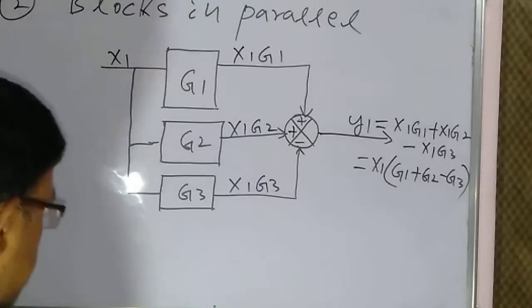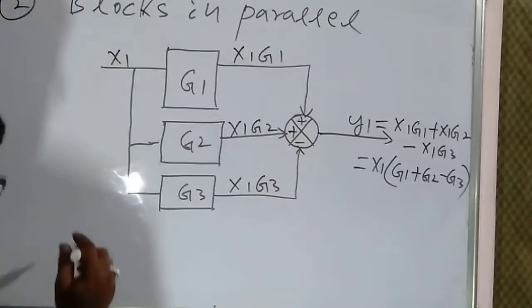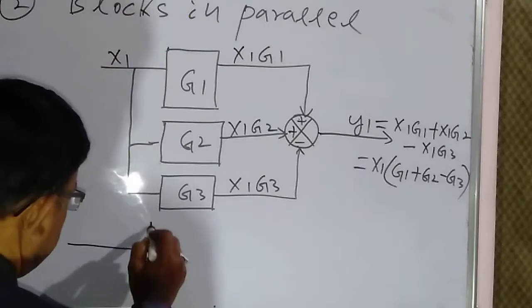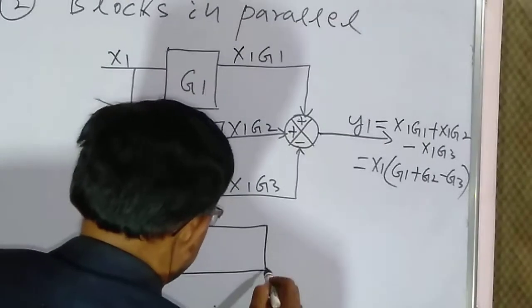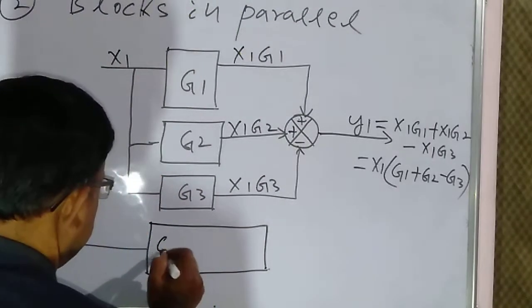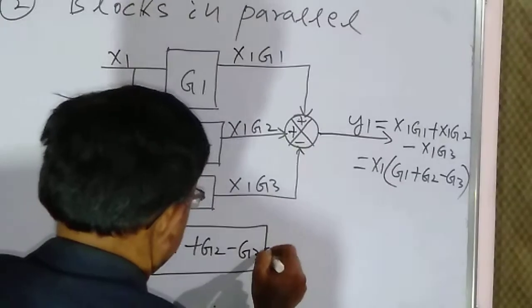So if we replace these three blocks with a single block, it will be like this: G1 plus G2 minus G3, with input x1 and output y1.